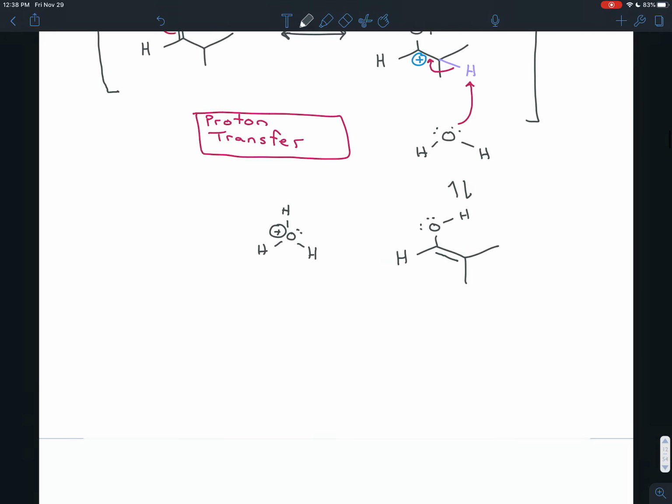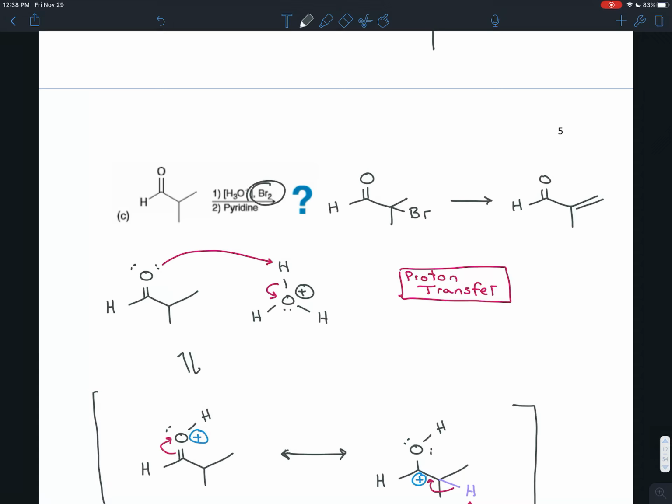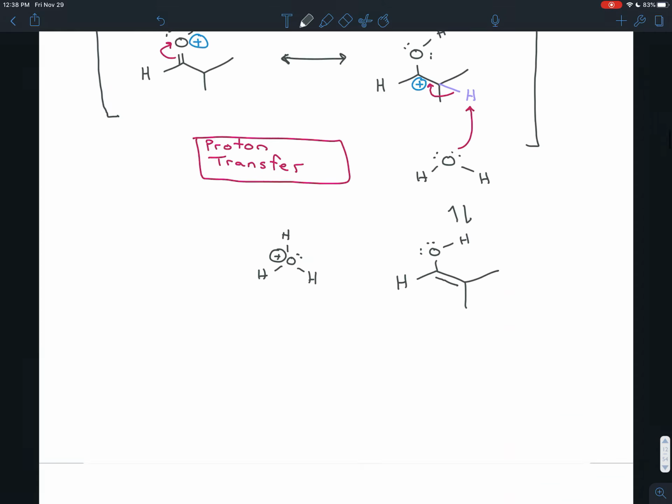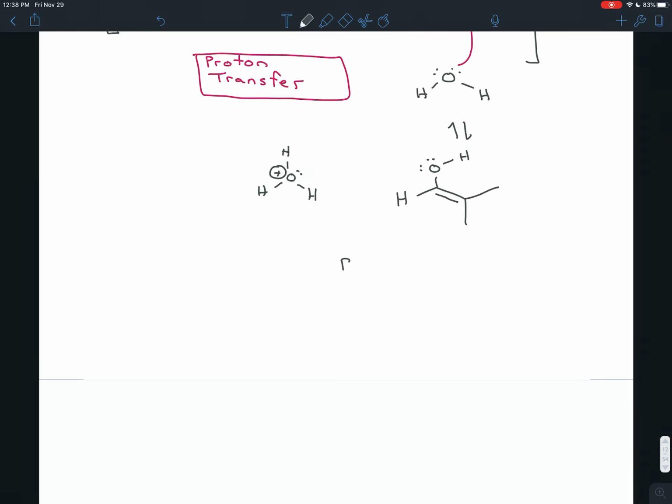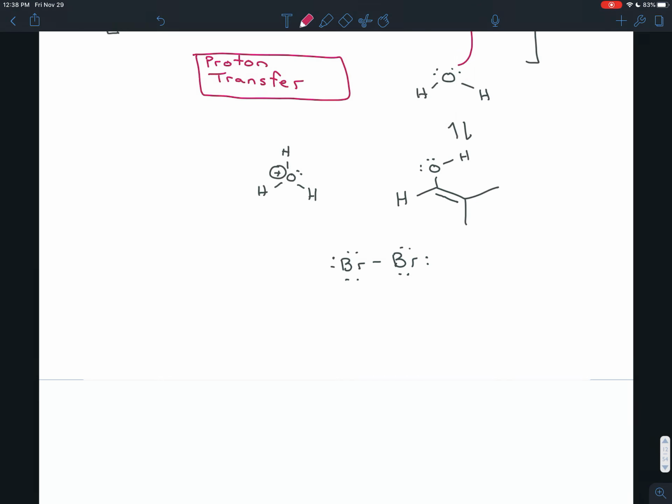So now we have our enol, and the significance of that is that the pi bond there can act as a nucleophile. So if we look back at the recipe, the second thing we're adding is molecular bromine. And so this bromine can approach the negative charge, and as it gets close to it, the negative electrons in the pi bond repel the electrons in the bromine.